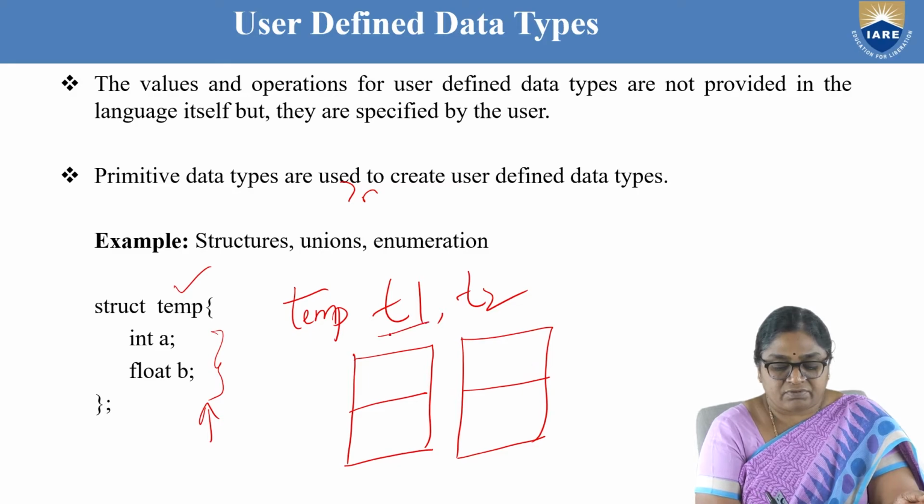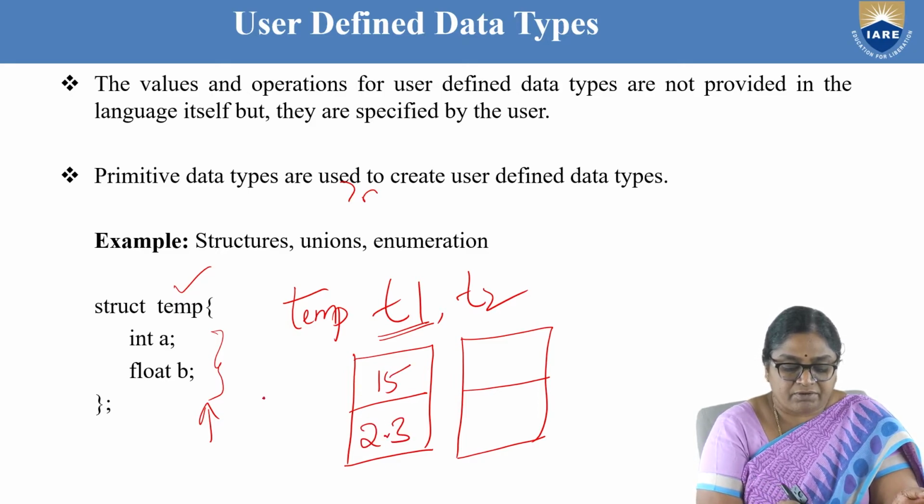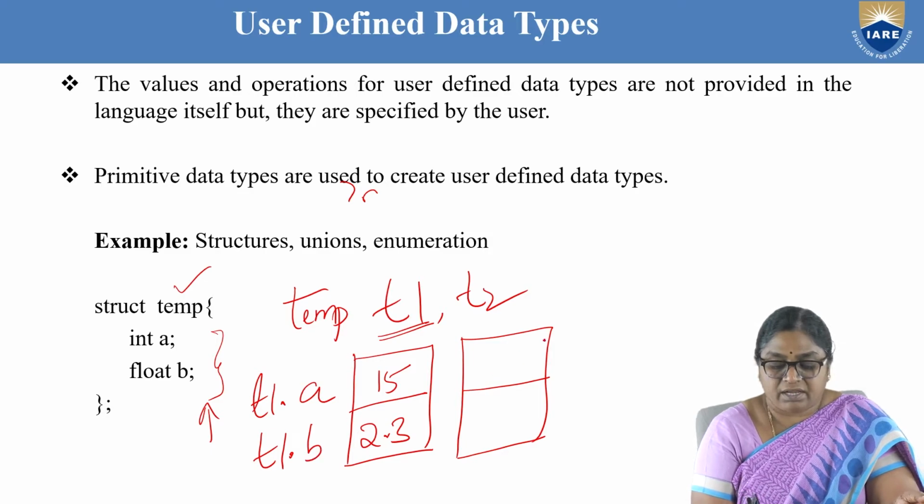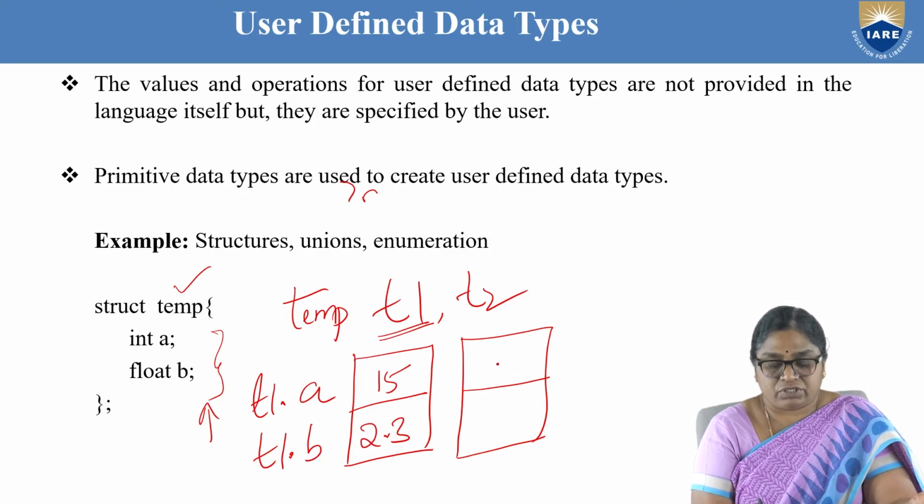When I create a t1 something like this, then I can store an integer value here and a float value here. And it can be referred through t1.a and t1.b.